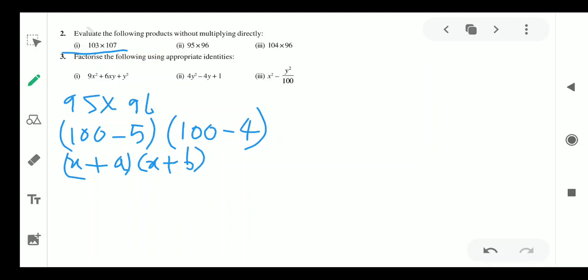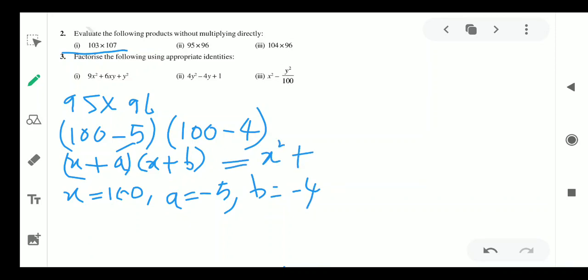Here x is equal to 100, and a is, since in the formula there is plus but here there is minus, minus 5, and b is minus 4. The formula is x square plus (a plus b) into x plus ab.